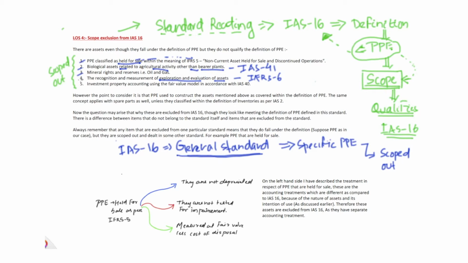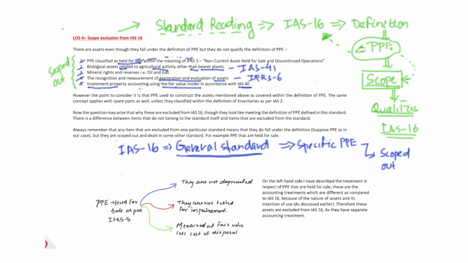The fifth part is investment properties accounted for using the fair value method under IAS 40. In the scope part, we understood that any investment property which is measured subsequently at cost, the accounting treatment for that particular investment property is governed by IAS 16.